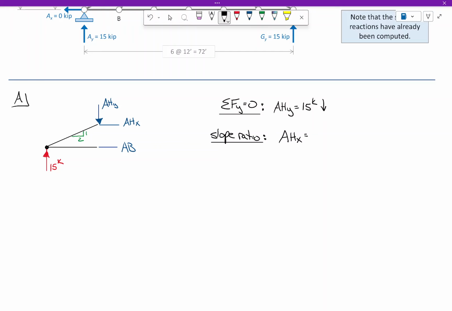So it's going to be 30 kips. Now, which direction does that point? To the left. Okay. So that's AHX. Now what?